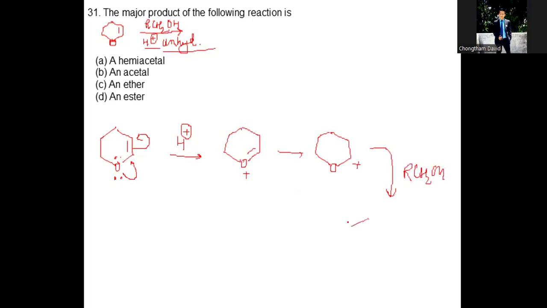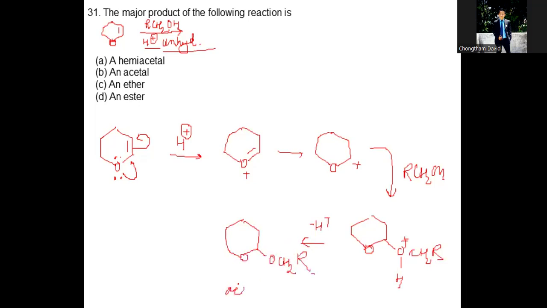From this, you will get an intermediate. By removal of this acid medium, you are now going to generate an acetal. OCH2, or this is called acetal. Okay, answer option number B.